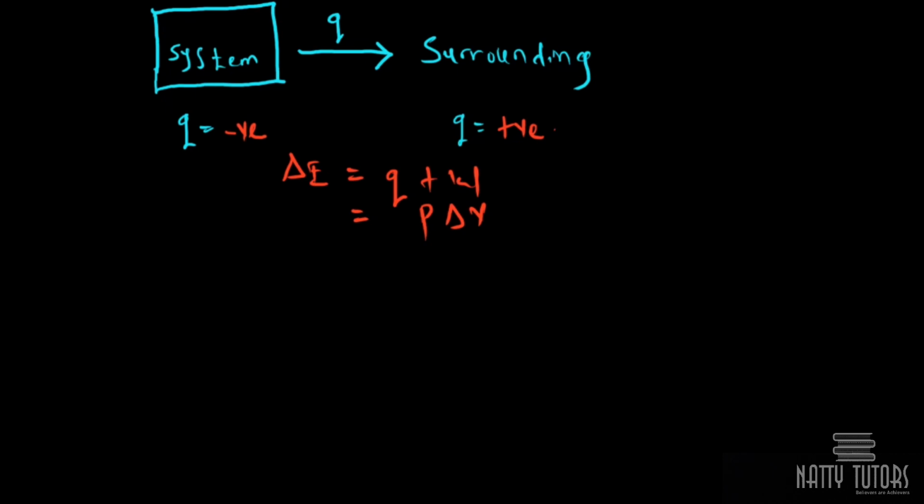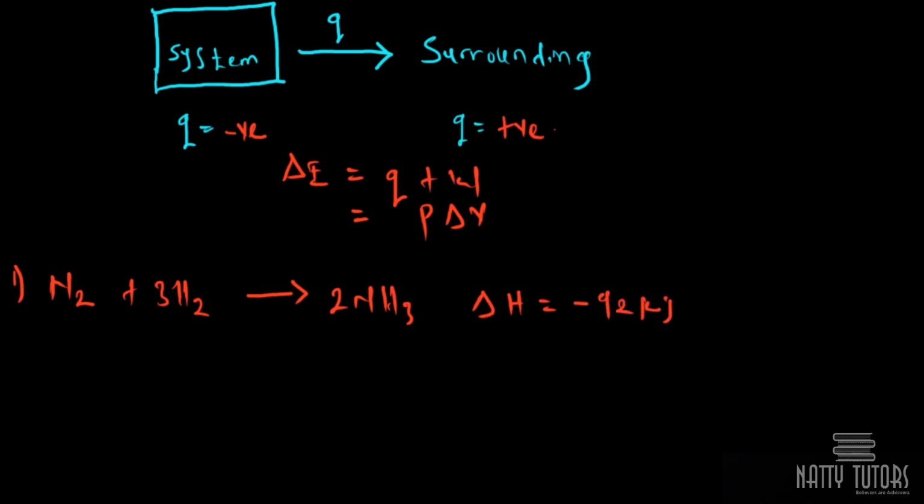Let's take an example. When nitrogen reacts with 3 moles of hydrogen to form ammonia, we are given our enthalpy change to be minus 92 kilojoules.